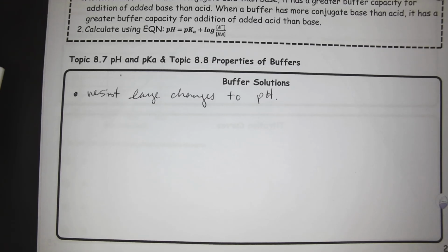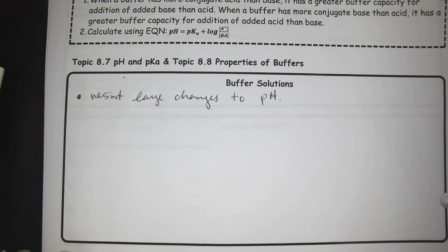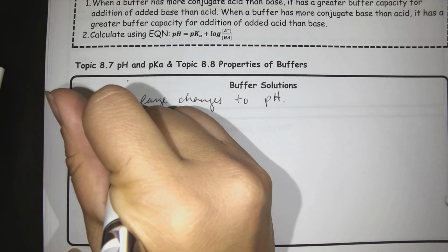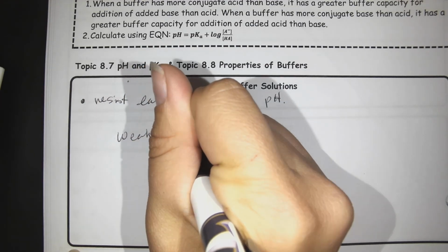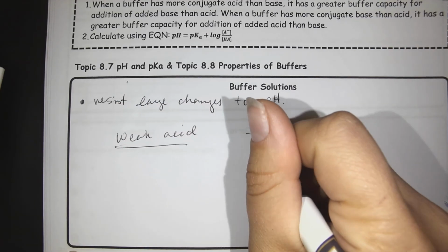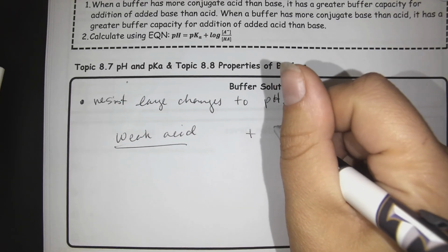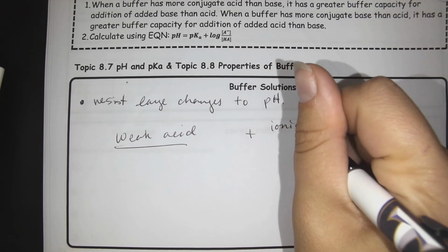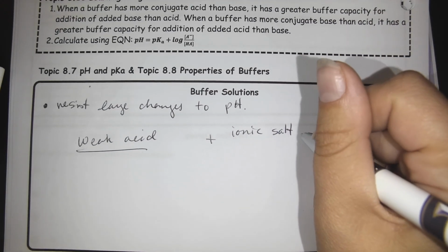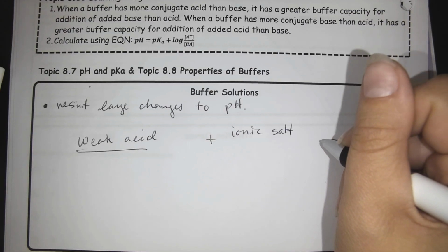And there's a couple different ways of making a buffer solution, but the AP Chem questions primarily focus on one type of buffer solution, and it is when you combine a weak acid and you add that weak acid to an ionic salt, but the ionic salt has the conjugate base.